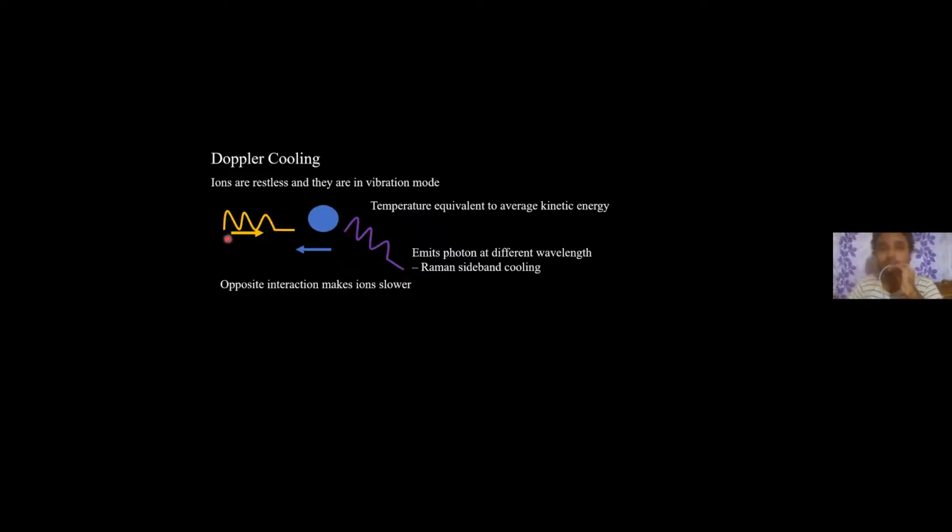The atom absorbs the photon, and on the other hand it also loses its momentum, its kinetic energy. The loss of kinetic energy creates a separate wavelength. So I am applying photons and the atom is losing its energy, so that is why it is coming to rest. This is the reason I am calling it Doppler cooling, and the opposite things happen in this kind of Doppler cooling.